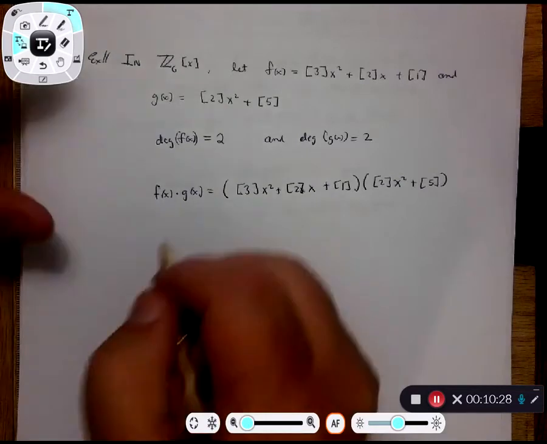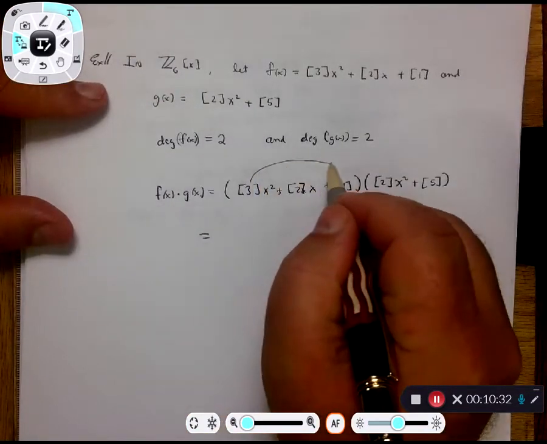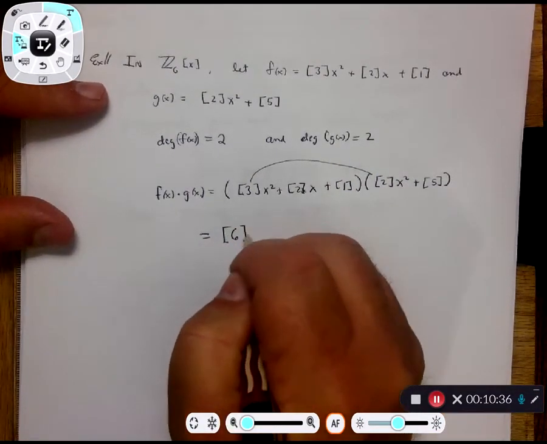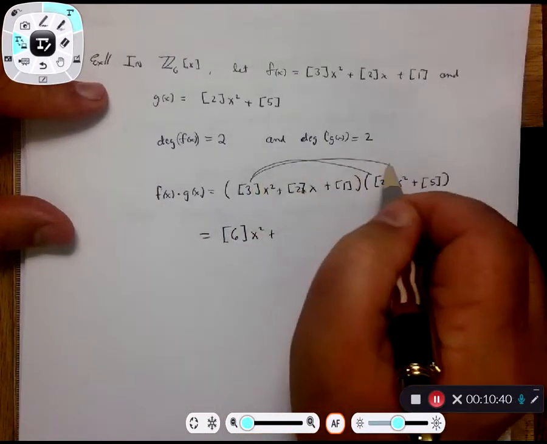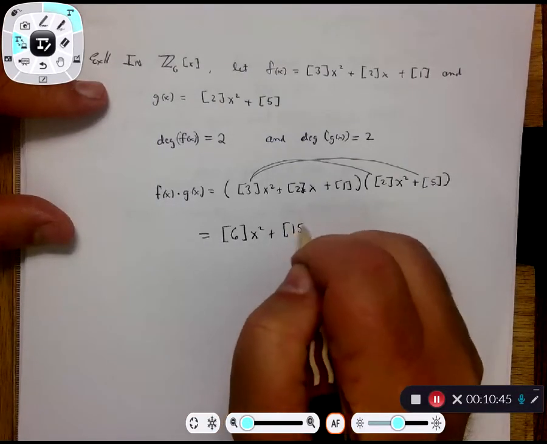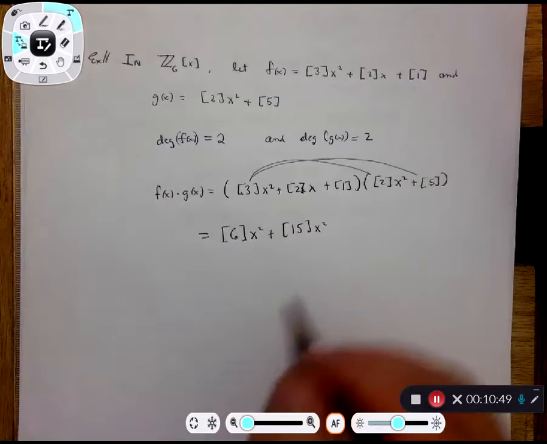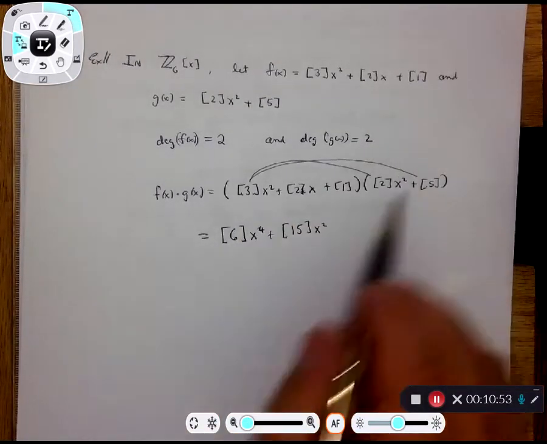So let's do that. What is 3x squared times 2x squared? That's officially 6x to the fourth, plus 3x squared times equivalence class 5 would be 15x squared. I know the coefficients have to come from Z6. I'll convert them later.